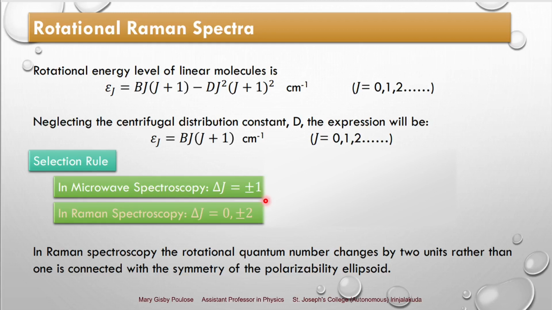But in Raman spectroscopy, the molecules can be excited to J plus 2 levels or J minus 2 levels, or they can remain invariant in their energy levels. That is represented as delta J is equal to 0 and plus minus 2. That is, in Raman spectroscopy, the rotational quantum number changes by 2 units rather than 1. And this is because of the symmetry of the polarizability ellipsoid. We shall look into it.